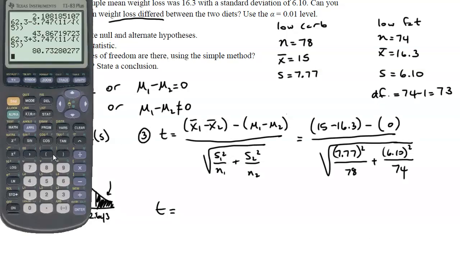In my numerator, I have 15 minus 16.3 divided by, the nice thing about the square root is it encapsulates everything already, 7.77 squared divided by 78 plus 6.1 squared divided by 74. And my T test value is negative 1.15.